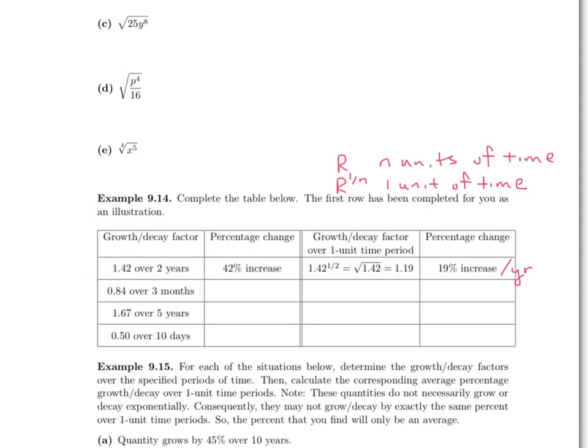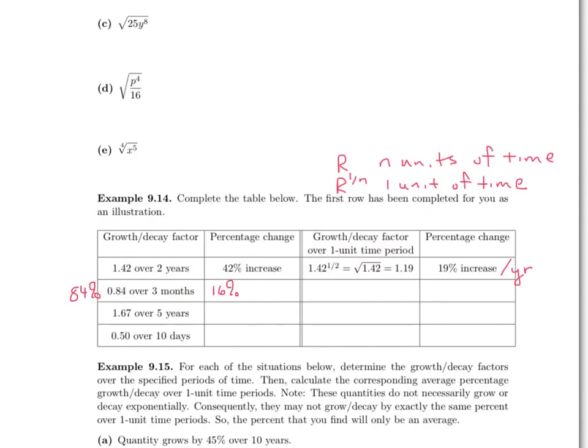So let's try this out in the second row. We have a factor of 0.84 over a period of 3 months. Because this factor is less than 1, we're talking about a decrease. And this factor represents the percentage remaining. So we're talking about 84% remaining, which means we will have lost 16%.